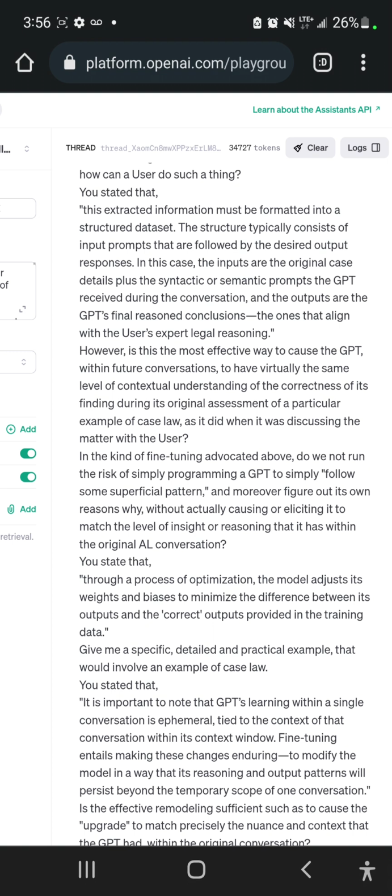We continue on nevertheless. User here further states that you stated that, quote, it is important to note that GPT's learning within a single conversation is ephemeral, tied to the context of that conversation within its context window. Fine-tuning entails making these changes enduring, that is to modify the model in a way that its reasoning and output patterns will persist beyond the temporary scope of one conversation.